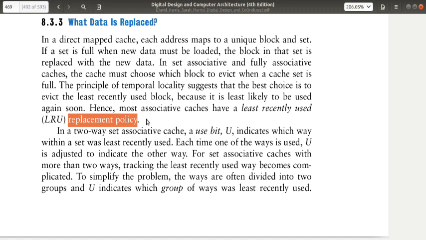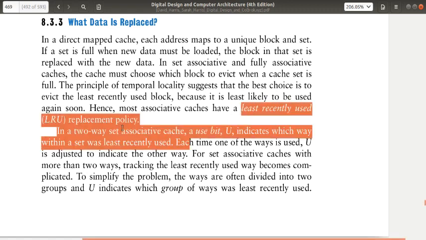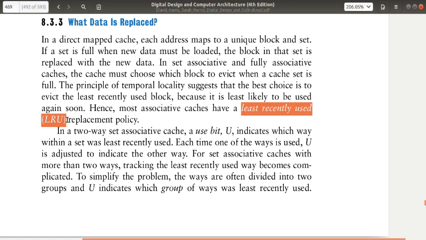And one of the most widely used replacement policies is the least recently used, or LRU. It is very much self-explanatory. What is the idea?